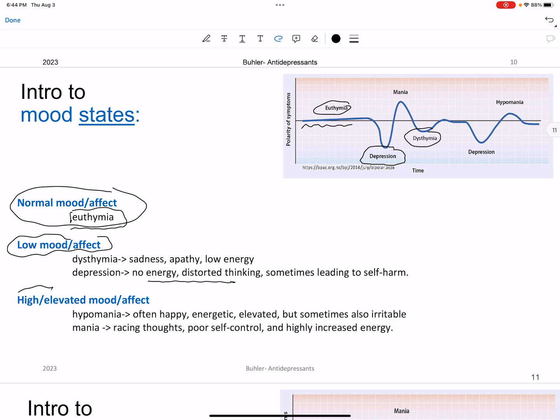And then you've got the high or elevated mood or affect. Everyone can have some happy, elevated mood. That's always good. Usually we enjoy that. Hypomania would be a fairly non-problematic increase in energy: I'm going to go do this, this is great.